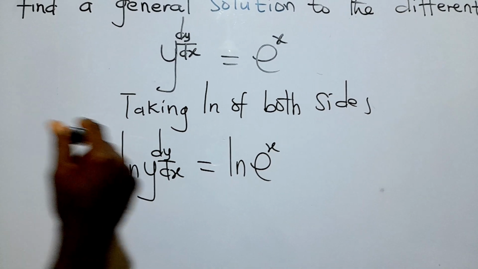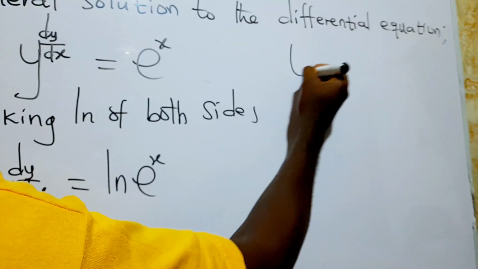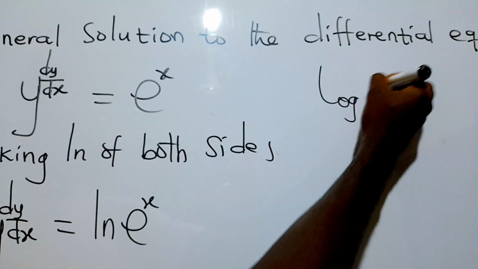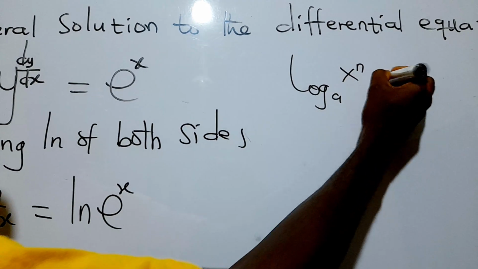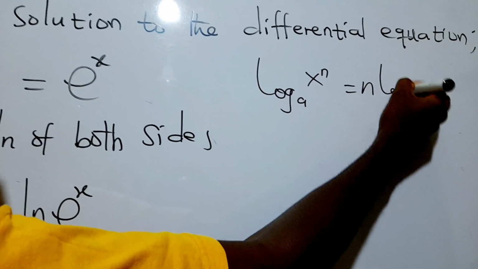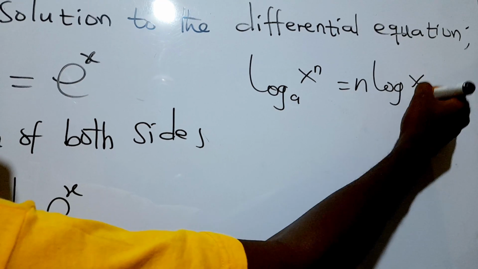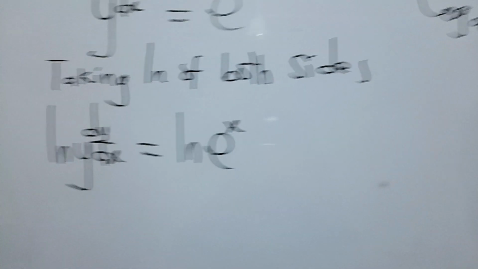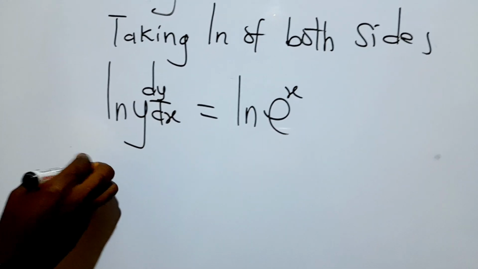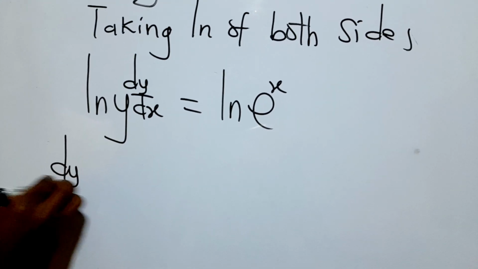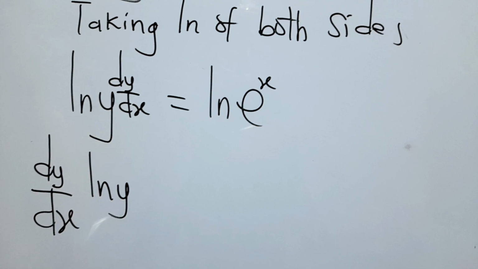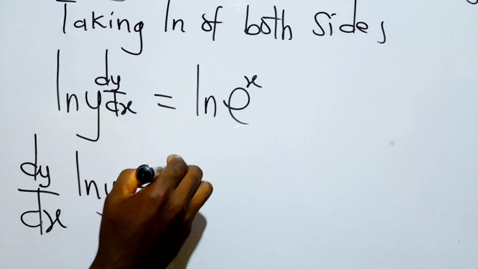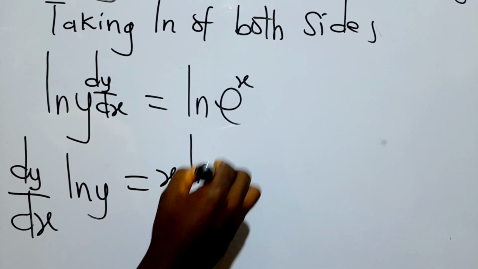Remember, the law of logarithms says that if you have log base a of s^n, it is equal to n log base a of s. So from here we can say this is (dy/dx) ln y equal to x ln e.